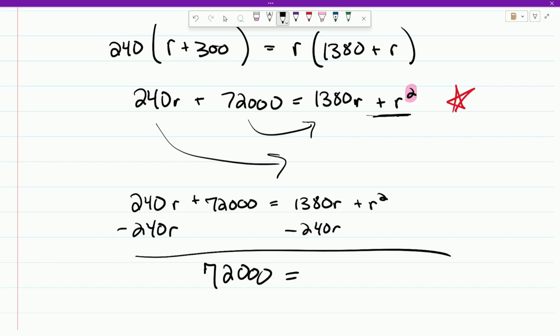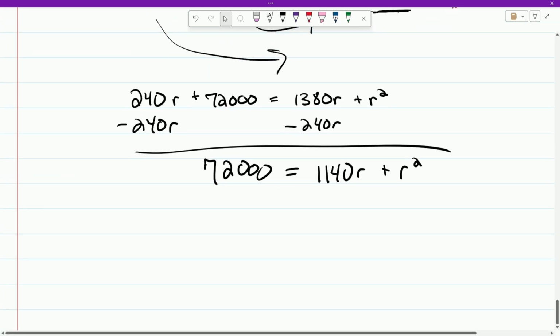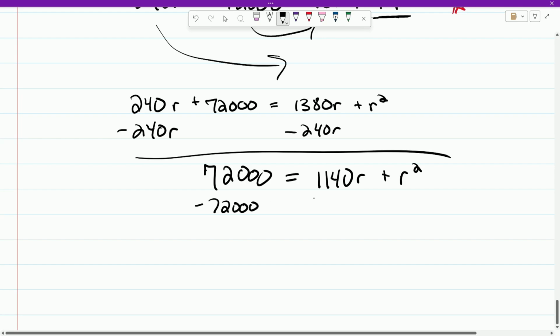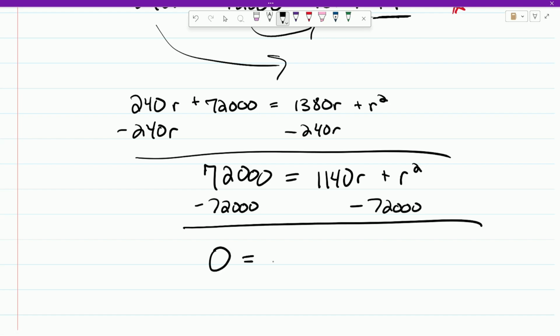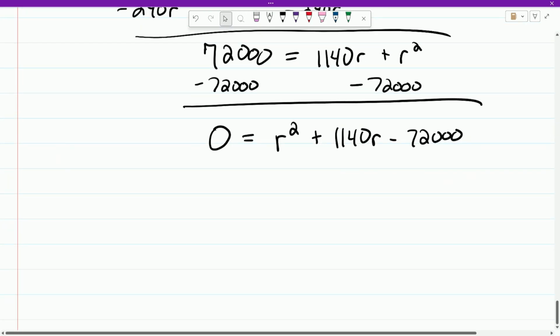So we get 72,000 equals 1380 minus 240 is 1140r plus r to the second, and then subtract 72,000 from both sides. And I'm going to write this in descending degree. So we get r to the second plus 1,140r minus 72,000.